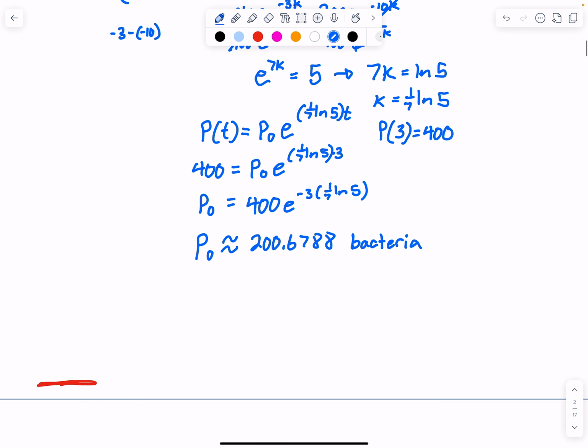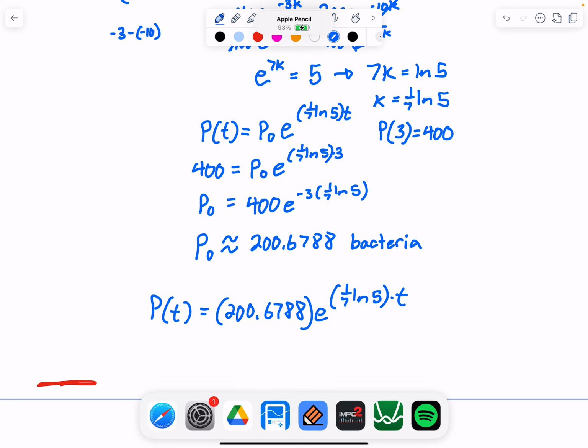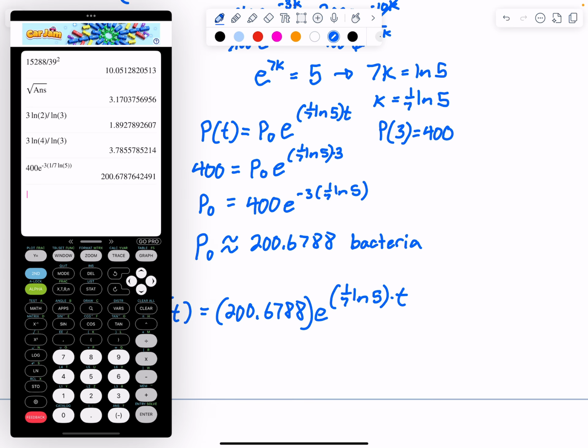So we could try this now. P of t is equal to, and I'm going to put this in parentheses so it's not crazy looking, e to the 1/7 ln of 5 times t. Now, if I plug this in, I should be able to check my table. It might be slightly off because we rounded that 200.6788.